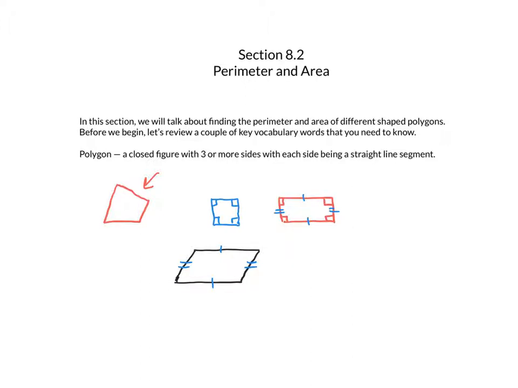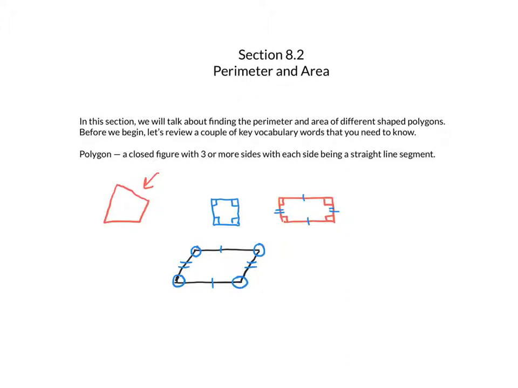One other thing to notice is that they do not necessarily have 90-degree angles. This is not a 90-degree angle. This is not a 90-degree angle. Nor is that, nor is that.